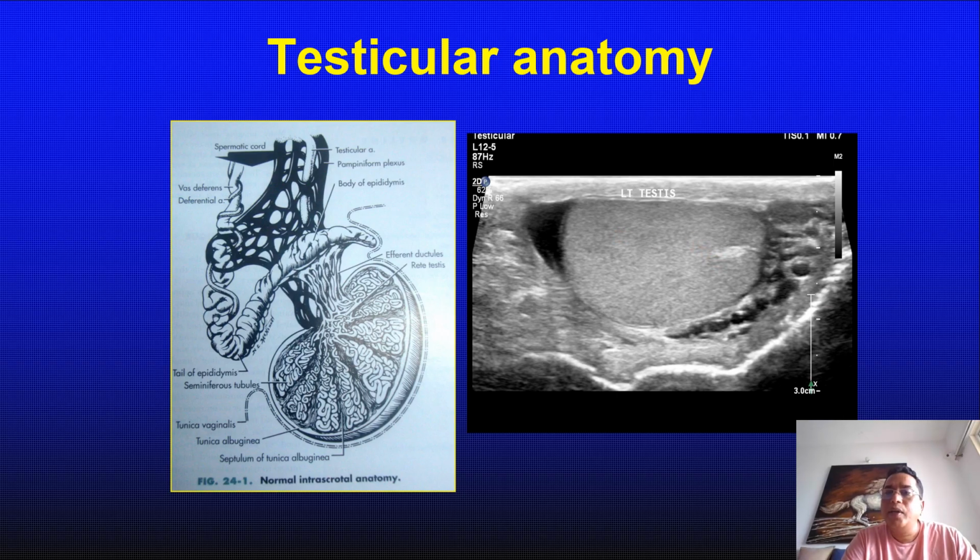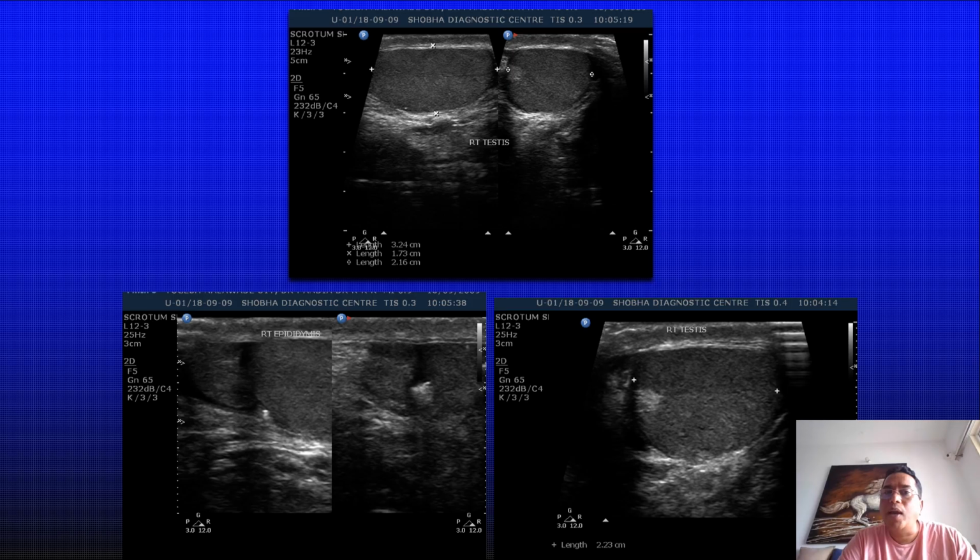And whenever you're going to evaluate the testes, you're going to take the measurements of the testes in longitudinal and transverse dimension. In fact, in all infertility related ultrasounds, you should always take the volume of the testes. I'll come to the importance of that later.